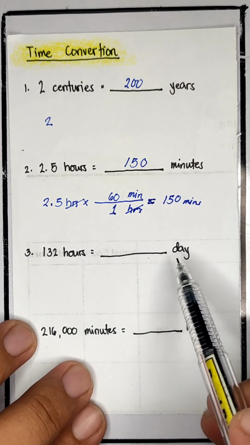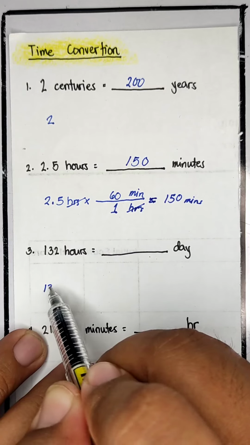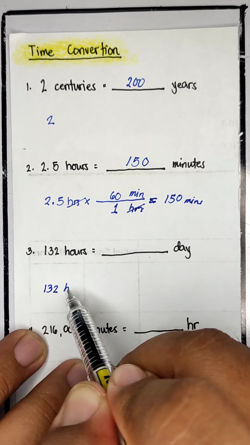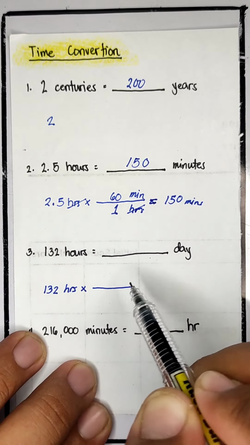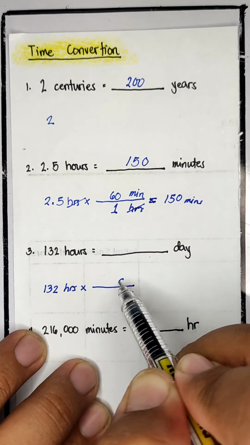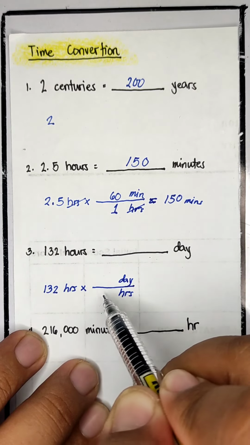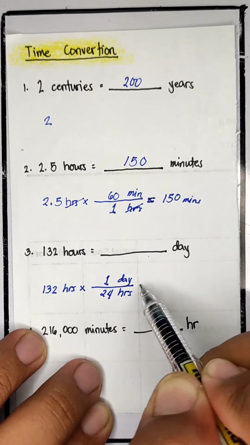132 hours in a day. Therefore, 132 hours times 1 day per 24 hours. Cancel hours.